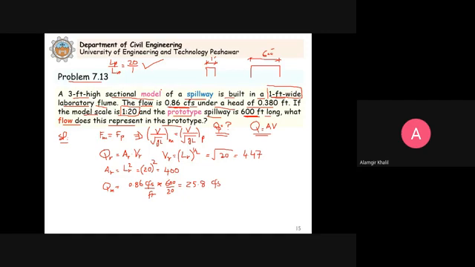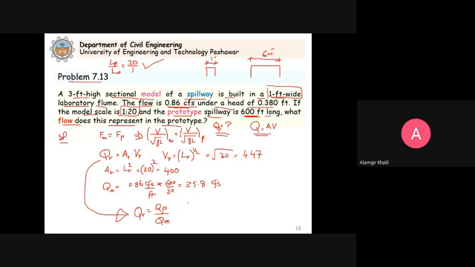Clear? And now what we can do here is that this QR will be equal to QP, prototype, divided by the model. Now this QR is for this scale ratio. We calculate or convert the model discharge for that ratio.